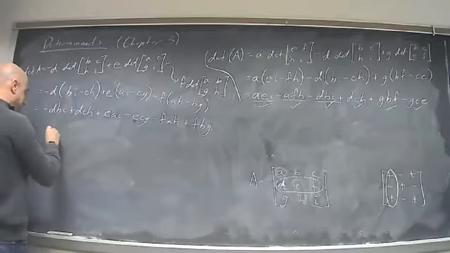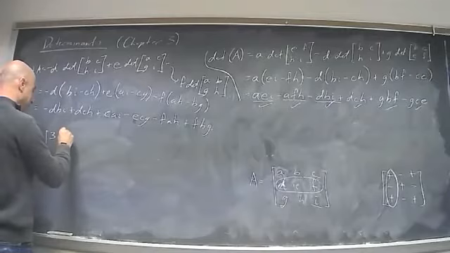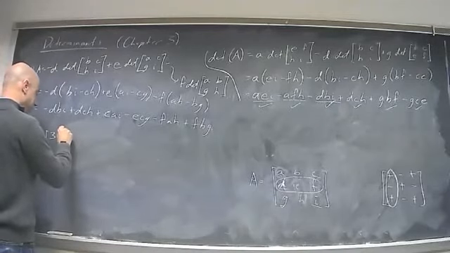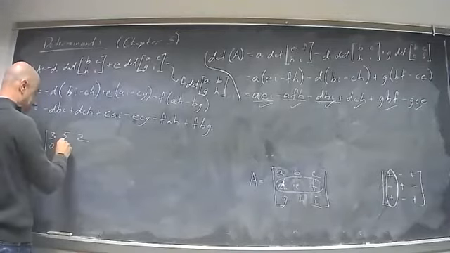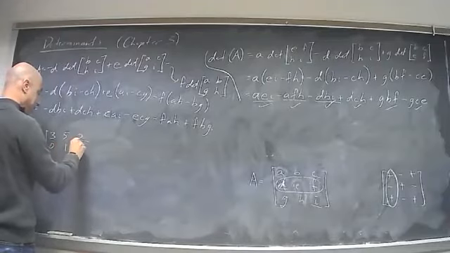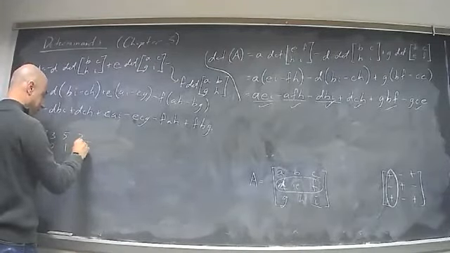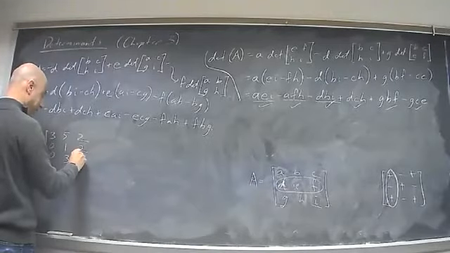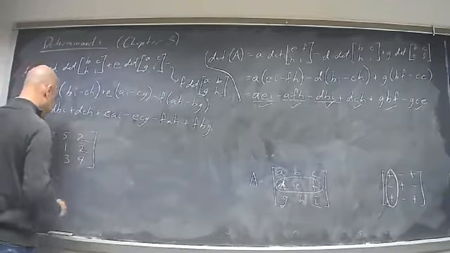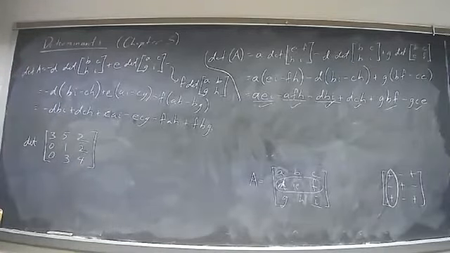How about 3, 5, 2, 0, 1, 2, 0, 3, 4. Do it by cofactor expansion.